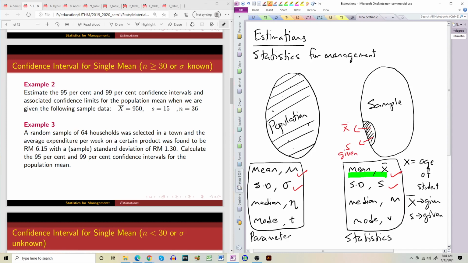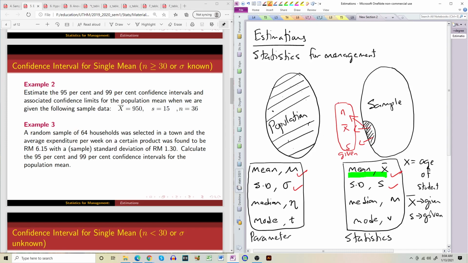And also the sample size, N, is given. How many people are there? N, X bar and S are given.